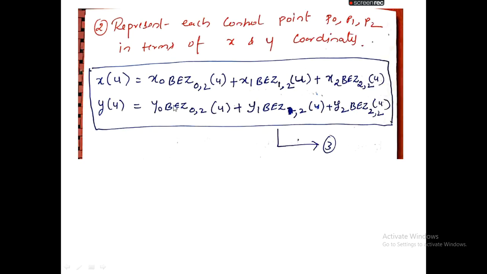In equation number 3, we represented each control point in terms of x and y coordinate. Now we calculated blending functions 0 comma 2, 1 comma 2 and 2 comma 2. Now whatever values you calculated, you substitute those blending function values in this equation.